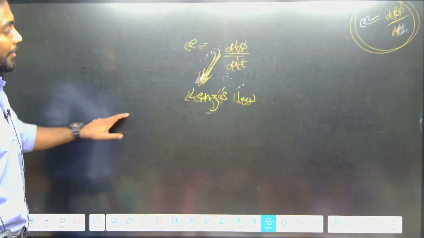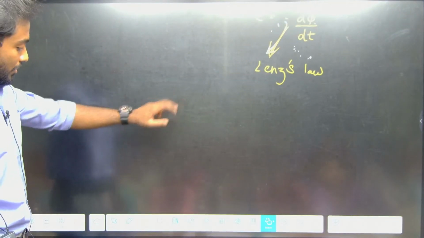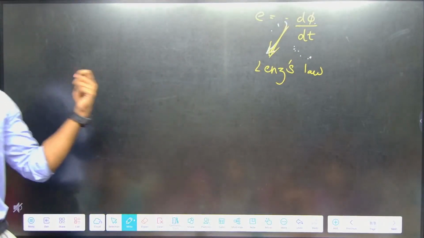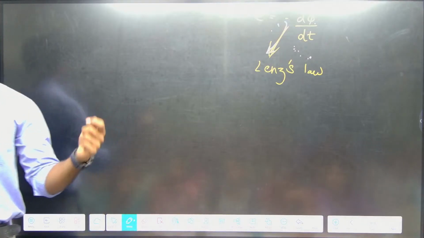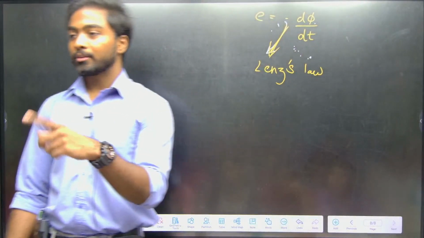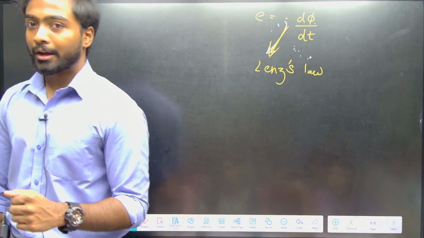So how will I get the current now? When I am moving the conductor, the change in magnetic flux takes place, and due to that induced EMF is produced. When I connect the conductor with a galvanometer, I can see the fluctuation of the current. The galvanometer gives the fluctuation of the current.